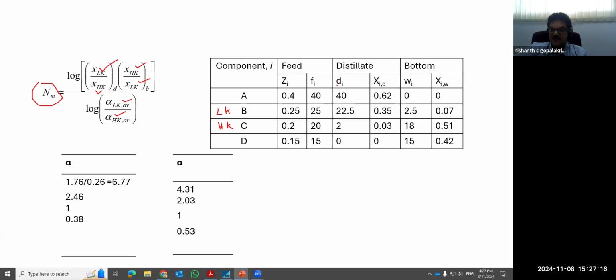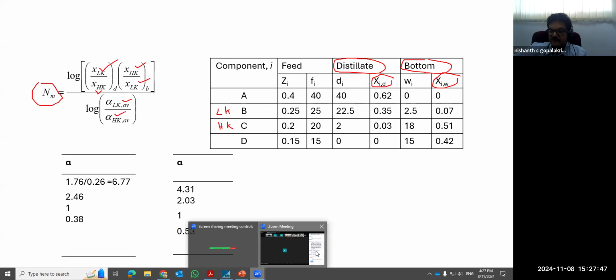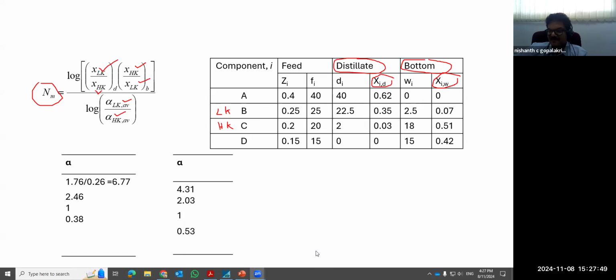So what's the mole fraction of light key at the distillate? Based on this table, what's the mole fraction of light key at the distillate? You can type it there. See, distillate composition is here. Bottom composition is here, right? So from this, what's the mole fraction of light key at the distillate? Come on fast.